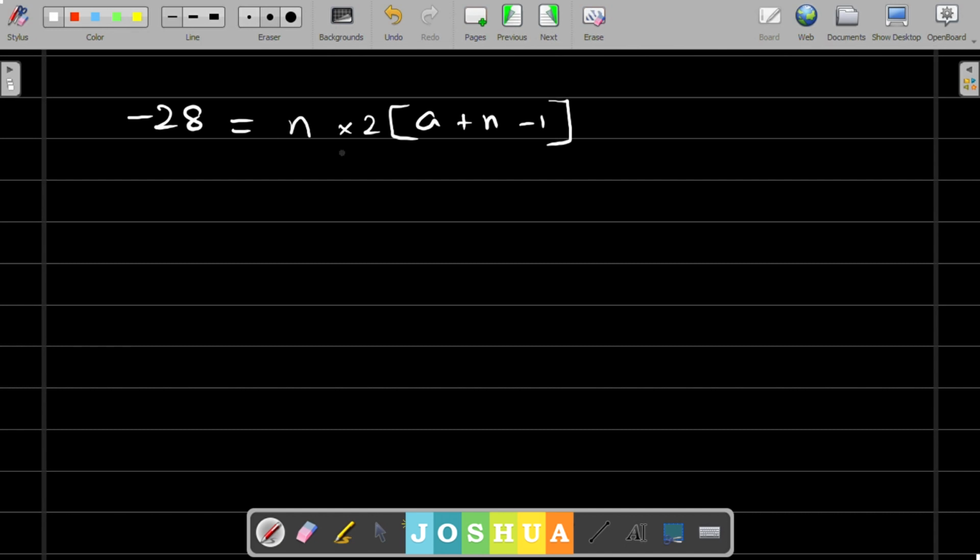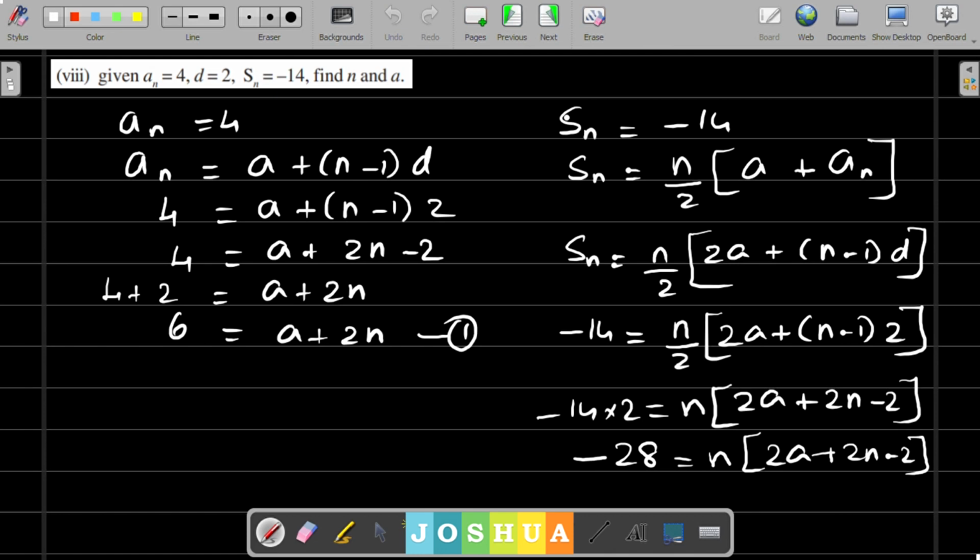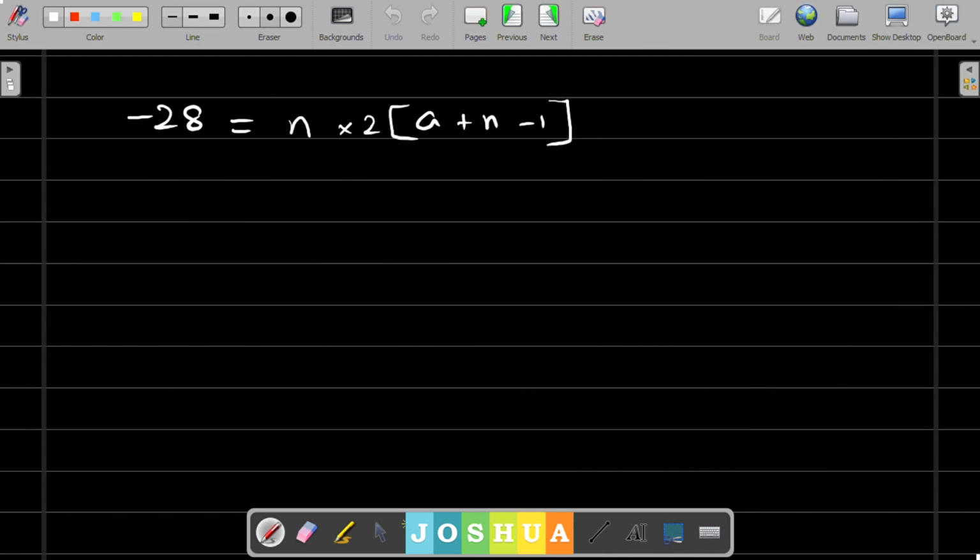Now refer to the first equation. What is the first equation? a plus 2n equal to 6. I recall the first equation, a plus 2n equal to 6. Now from this one I can get the value of a.